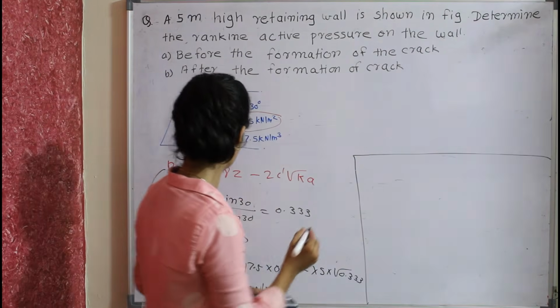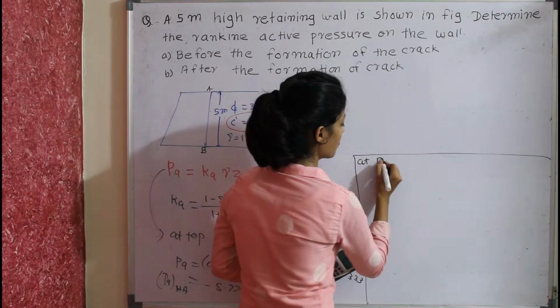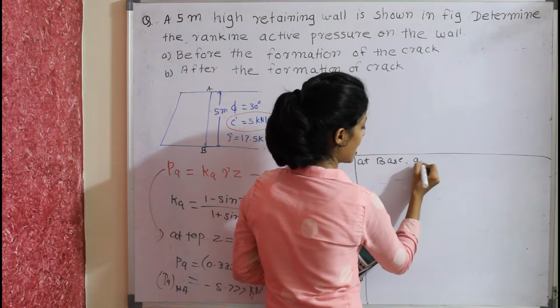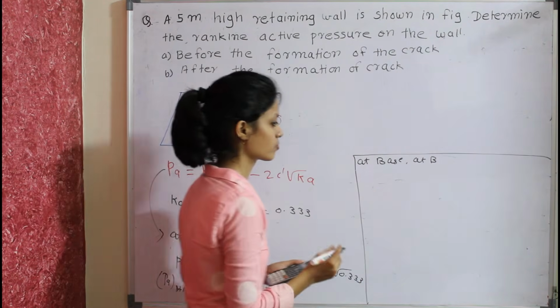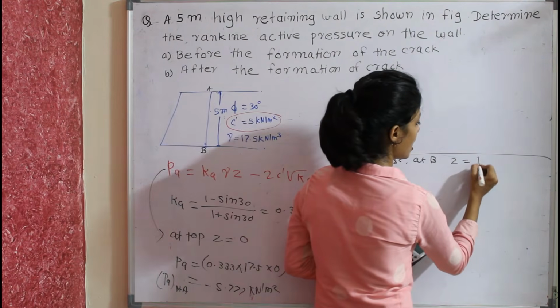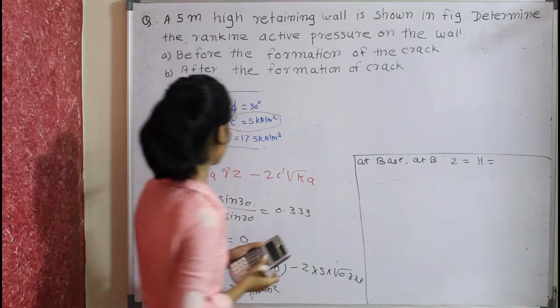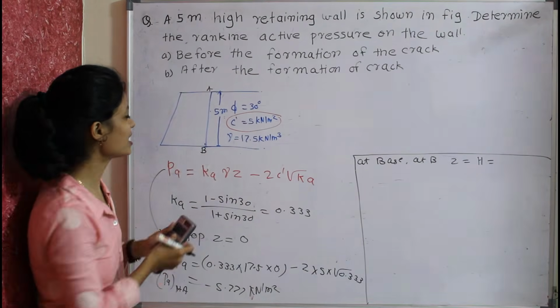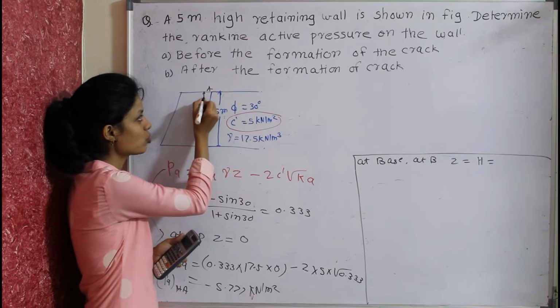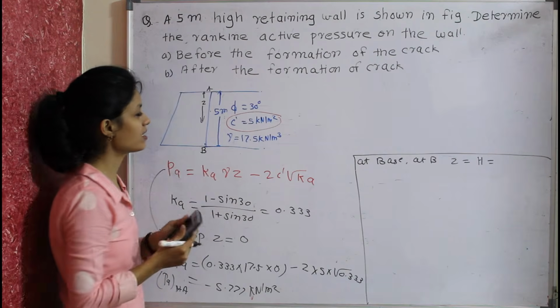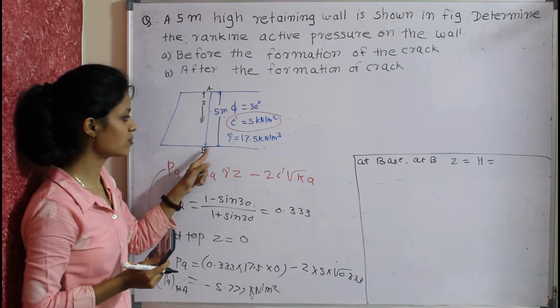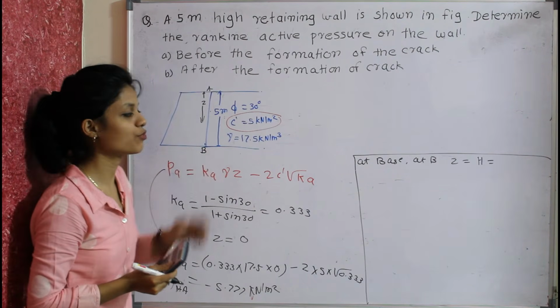Next, at base, that means at B, Z equals H. Z is measured from the top, so at top Z equals 0 and at bottom Z equals the maximum value, that is 5 meter.